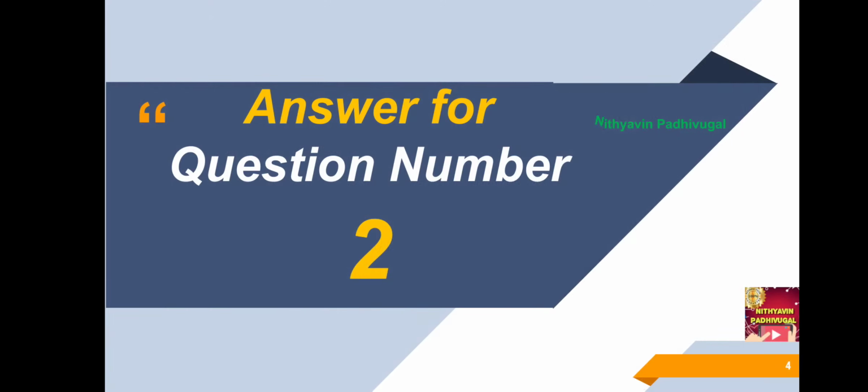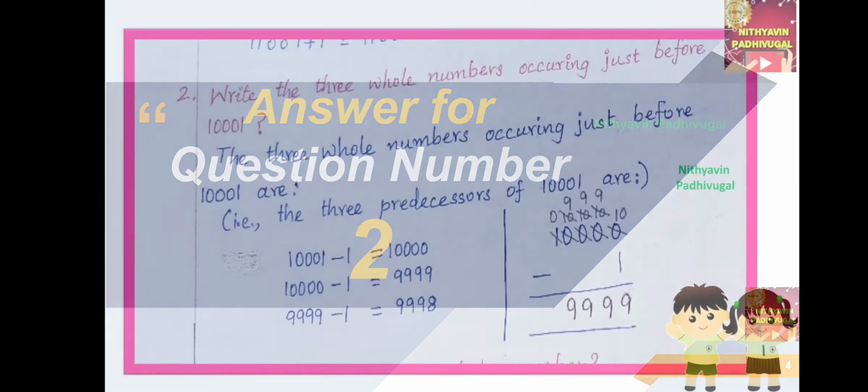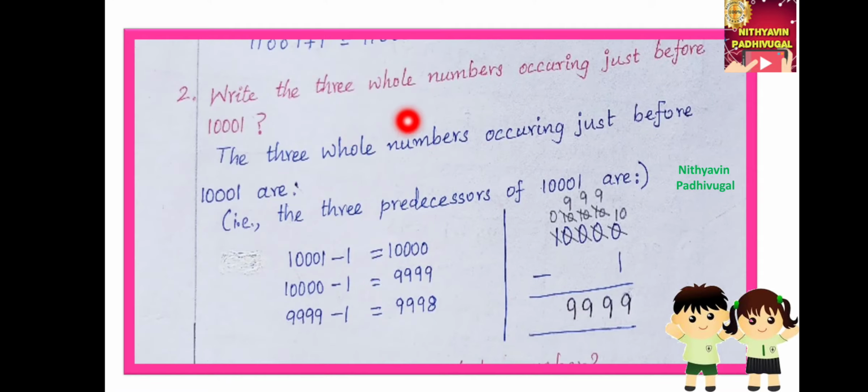Let us see the answer for question number 2. Write the 3 whole numbers occurring just before 10,001. Just before means predecessors. So the predecessors of 10,001: 10,001 minus 1 is equal to 10,000.